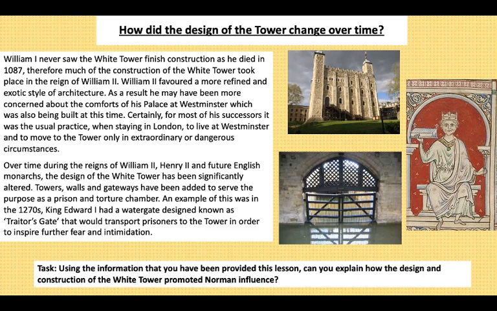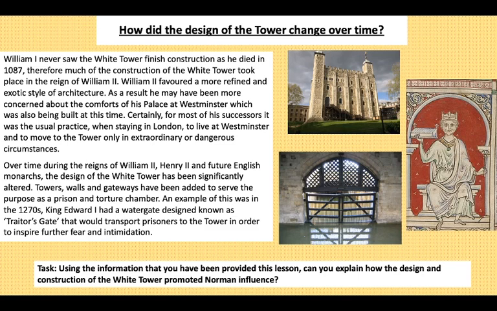William I never saw the White Tower finish construction, as he died in 1087, and therefore much of the construction of the White Tower took place during the reign of his son, William II. William II favoured a more refined and exotic style of architecture. He wanted it to be a little bit more than just a symbol of fear, of authority, and he wanted it to be quite a comfortable place to reside in at times.